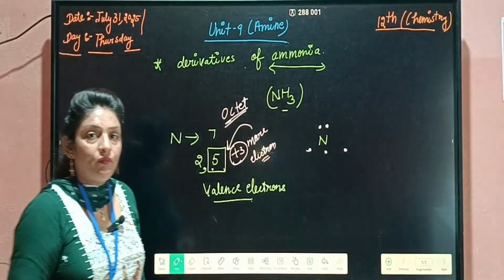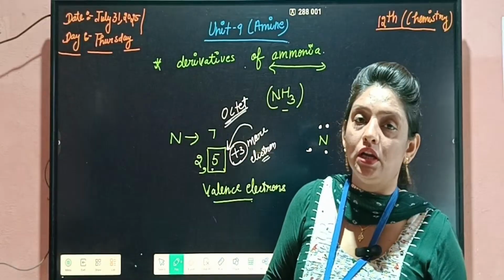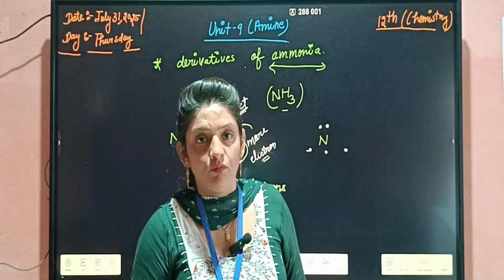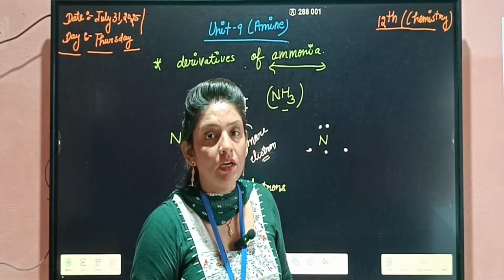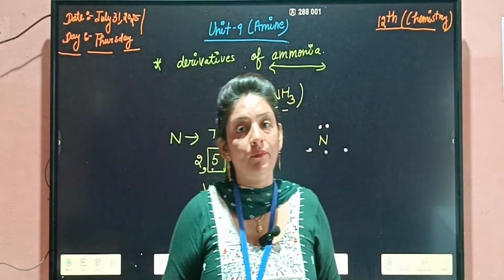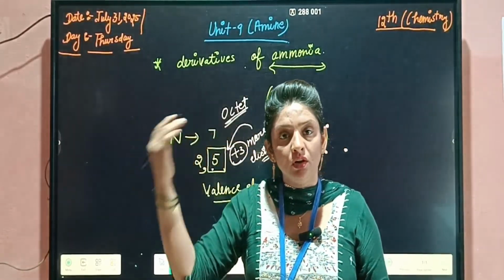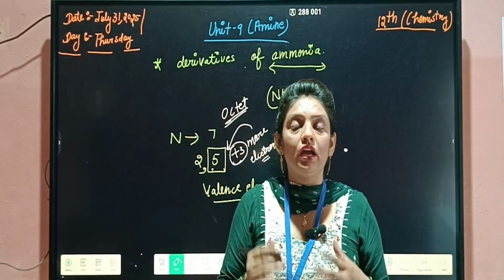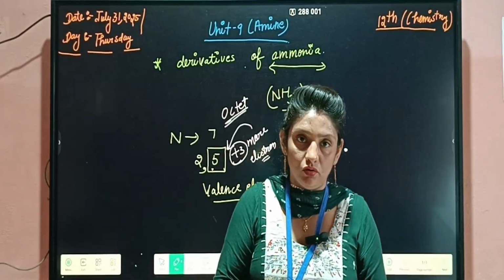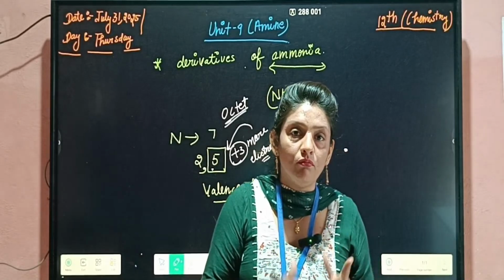You know very well, every element makes bonds for completing its octet, for getting stability. If there are not 8 electrons in the valence shell, then either it will attract electrons, or lose electrons, or sometimes share electrons, which means it will form bonds.